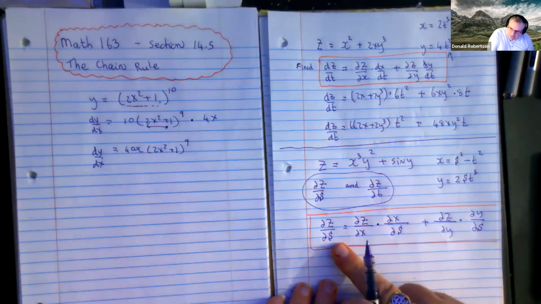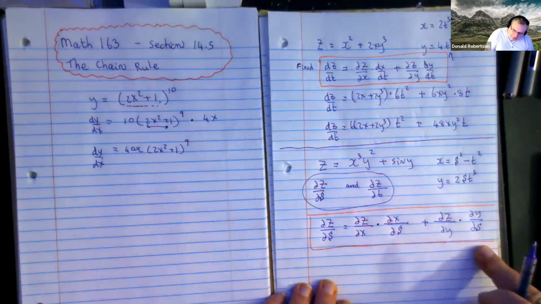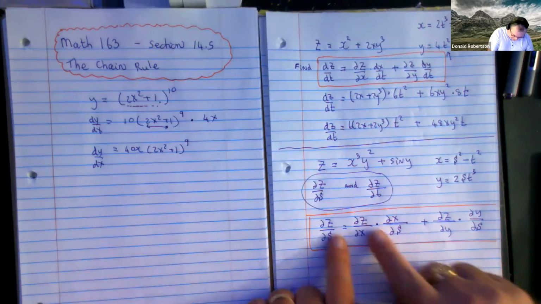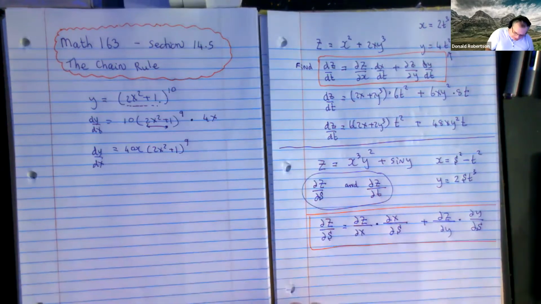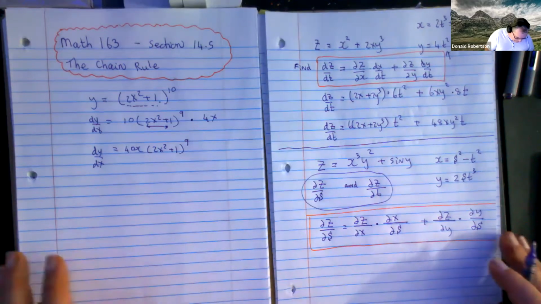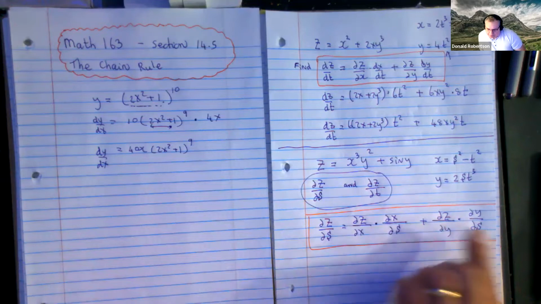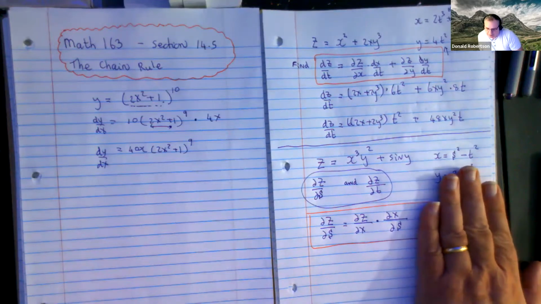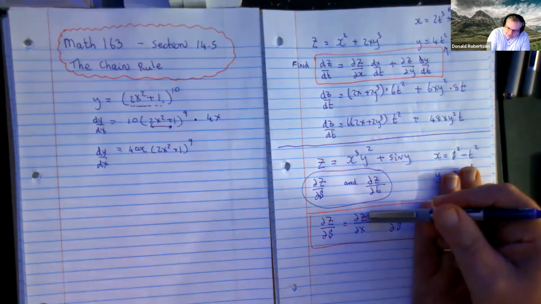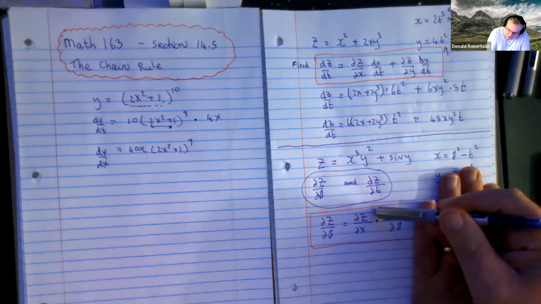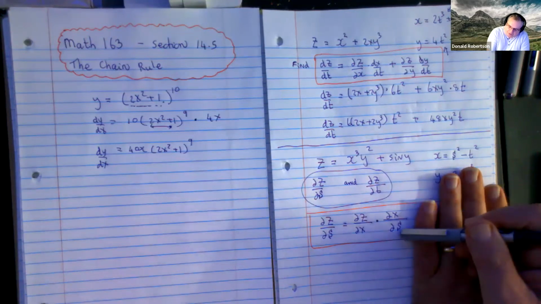Now, hopefully if I do a few more, you'll begin to see at least how to create this formula and how to apply it. And before I move on, if you look at this multiplication here, a partial derivative of z with respect to x times the partial derivative of x with respect to s.